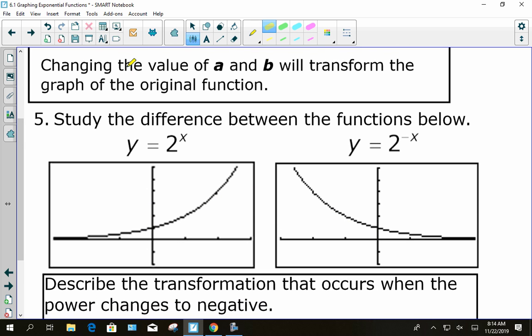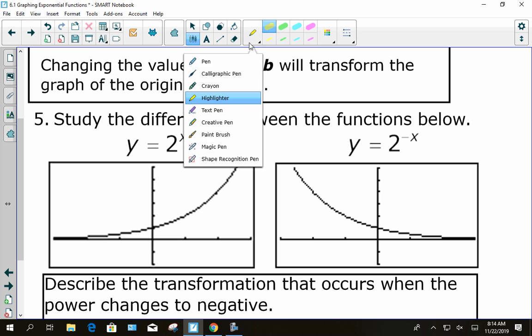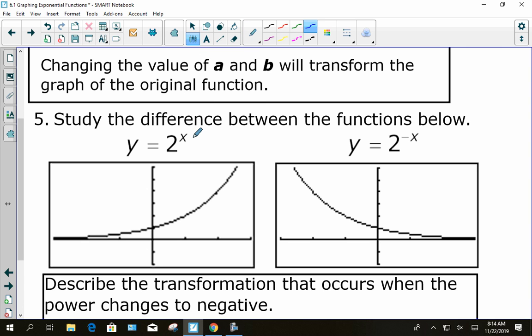So, here's what we need to know. When we have a positive, this is changing from a positive exponent to a negative exponent, right? What happens? This is growth. This would be what I would call decay.